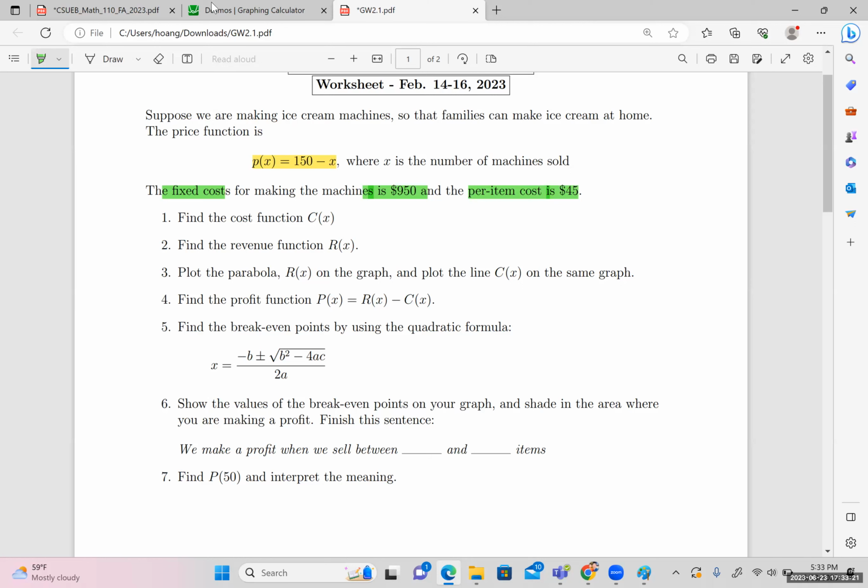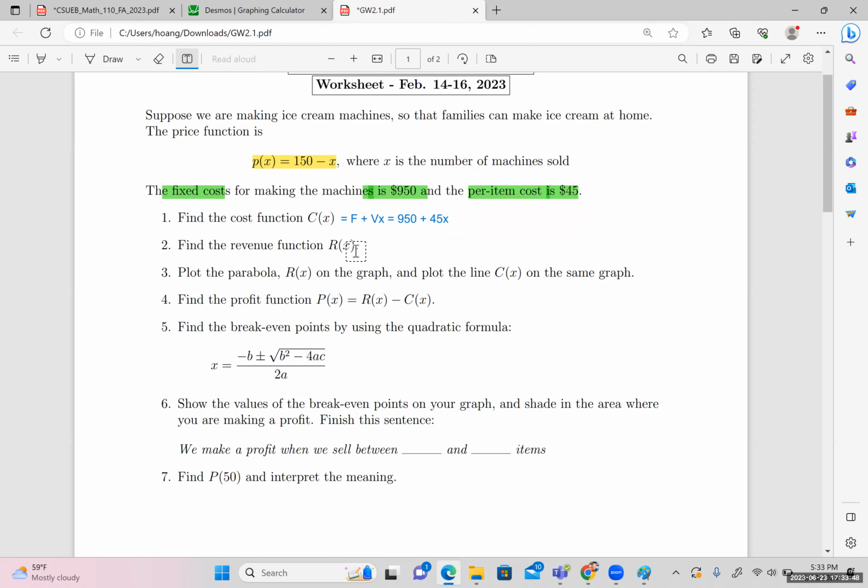So from there you should find the cost function as F plus VX, which is going to be equal to 950 plus 45x, as you are given there for the fixed cost and the variable cost.